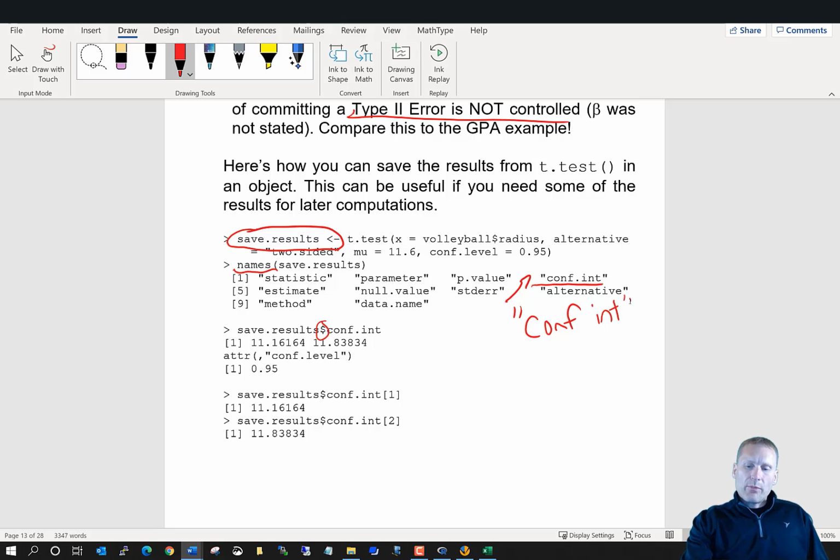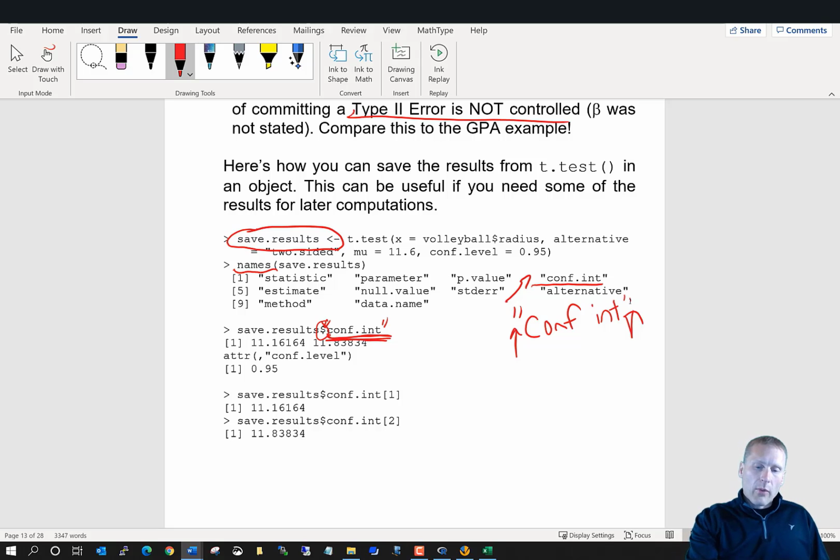Now, if you were to put conf space int after this $ sign there, R is going to return an error because it doesn't know how to handle the space. So what one can do instead is leave the quotation marks around that and put it right after the $ sign. So even what I have here in terms of conf.int, if I were to put the quotation marks around conf.int, I would still get the same results back.